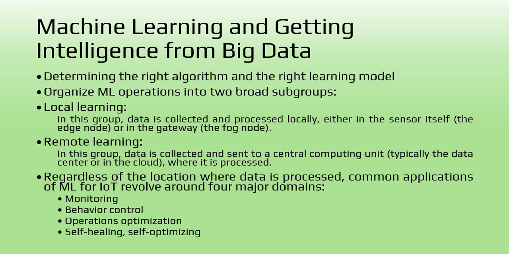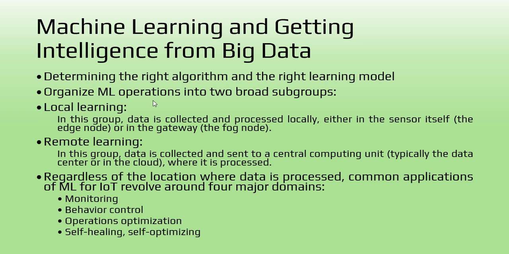Here in machine learning we are trying to find as much data, or rather as large a data set, as we can, because by using data only we can take intelligent decisions and train the machine. Inside machine learning, determining the right algorithm and the right learning model is important.